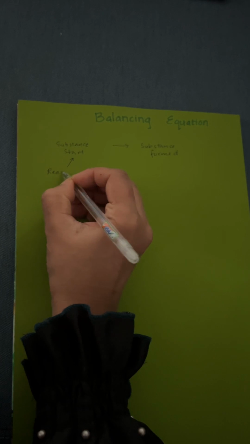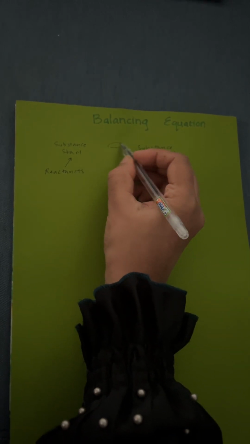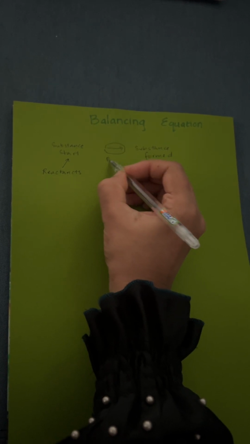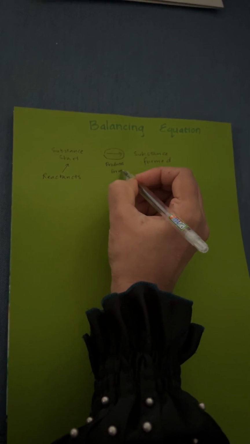We call them the reactants and the products, and we always draw an arrow. This arrow denotes "produces" or "forms", right?